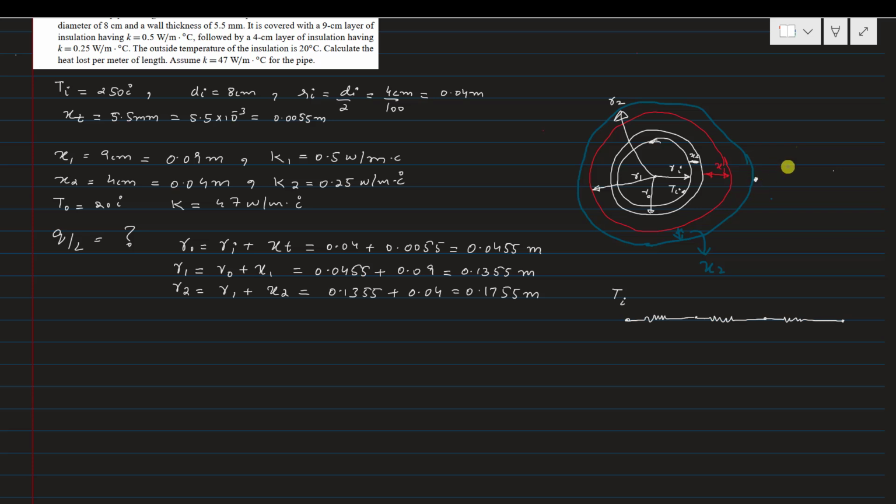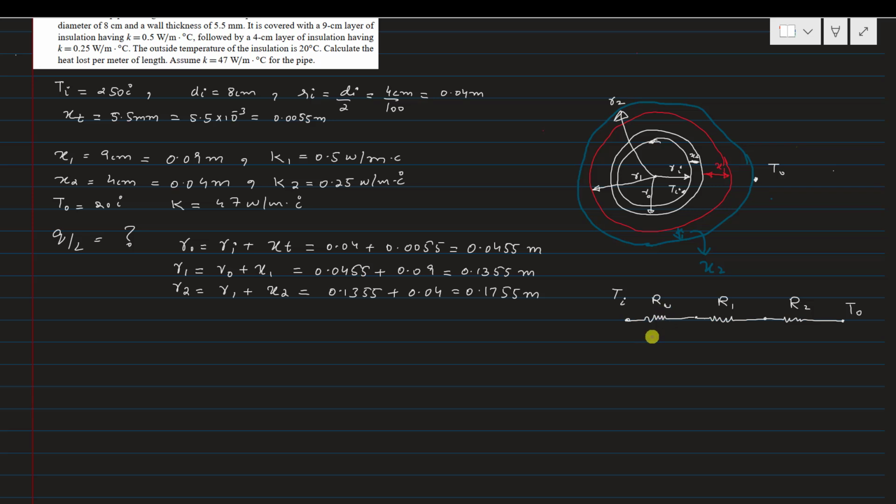At the outer surface you will get T0. So this resistance offered to the heat transfer by the wall of the pipe, we can say RW. This is R1, first layer of insulation, this is R2, second layer of insulation. So the resistance offered by the wall of the pipe is RW.